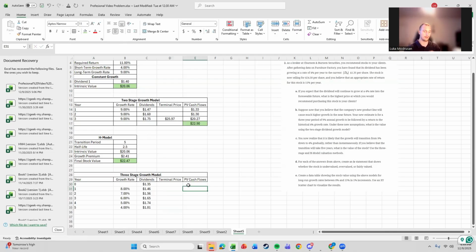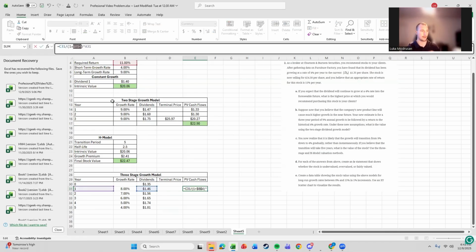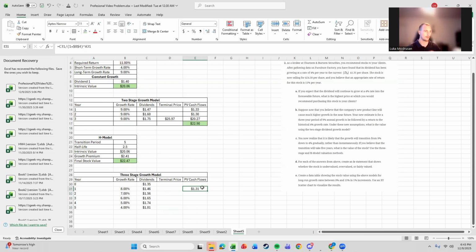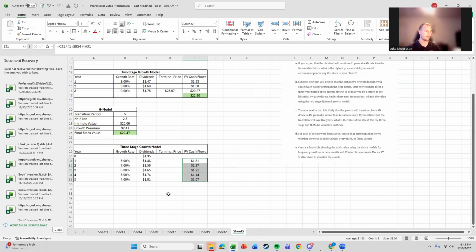Then PV of the cash flows is going to be equal to this divided by 1 plus the required return to the power of that year. And then we got to make sure to block that. And then let's drag this down.